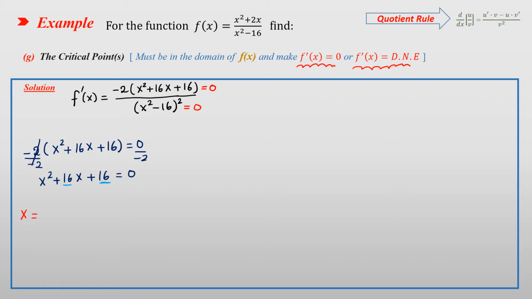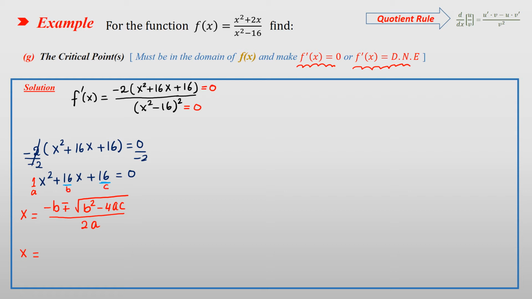So x equals negative b plus or minus the square root of b squared minus 4ac, divided by 2a. Here a is the coefficient of x squared, this is b, and this is c.